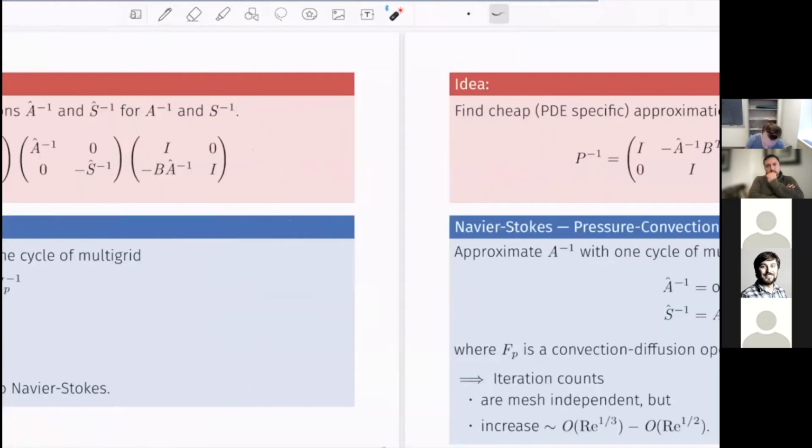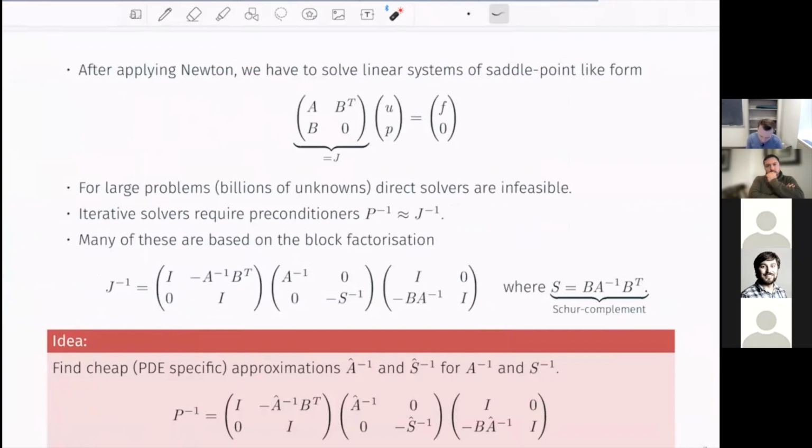And I just want to go back to drive home this point. In the block approximation to the Jacobian, we make two approximations, right? We approximate A inverse and we approximate this S inverse, where S is the Schur complement given by this triple product.